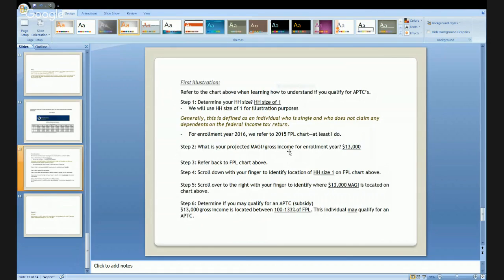So if we look at this chart real closely, we can determine that this particular individual may qualify for an advanced premium tax credit. And that is because this particular individual has an income that falls between 100% of the federal poverty limit and 400% of the federal poverty limit.